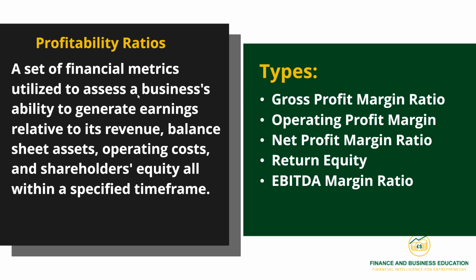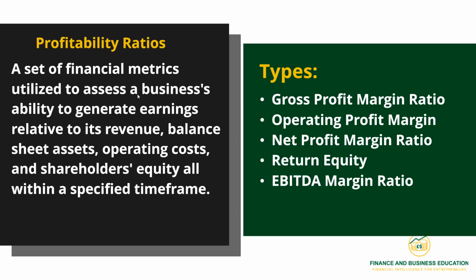One is the numerator, one is the denominator. The denominator here is always sales, the top line, and you divide profit by sales. So gross profit margin, which I showed you earlier, is the gross profit divided by sales times 100.